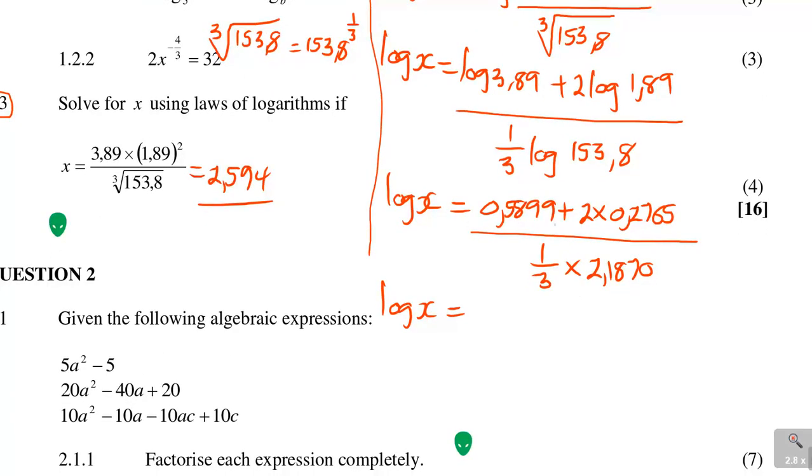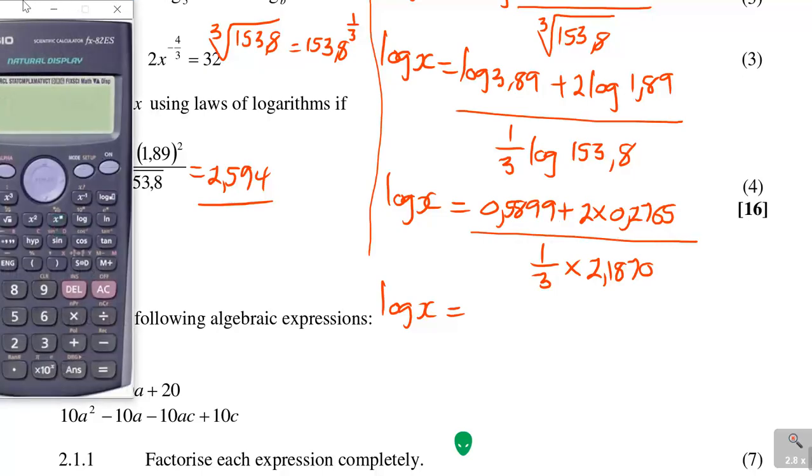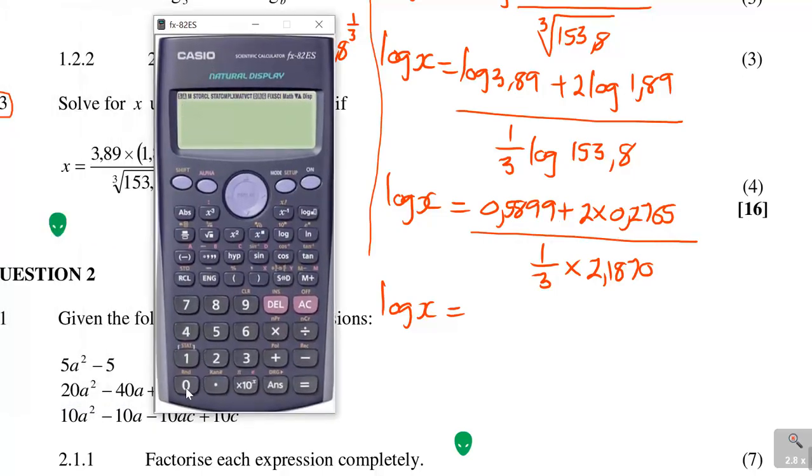So you maintain your log x is equal to, now you need to use the calculator to find it. You can actually solve the top part so that you don't do too much on the calculator, to say 0,5899 plus 2 times 0,2765, just to add the top part for now.